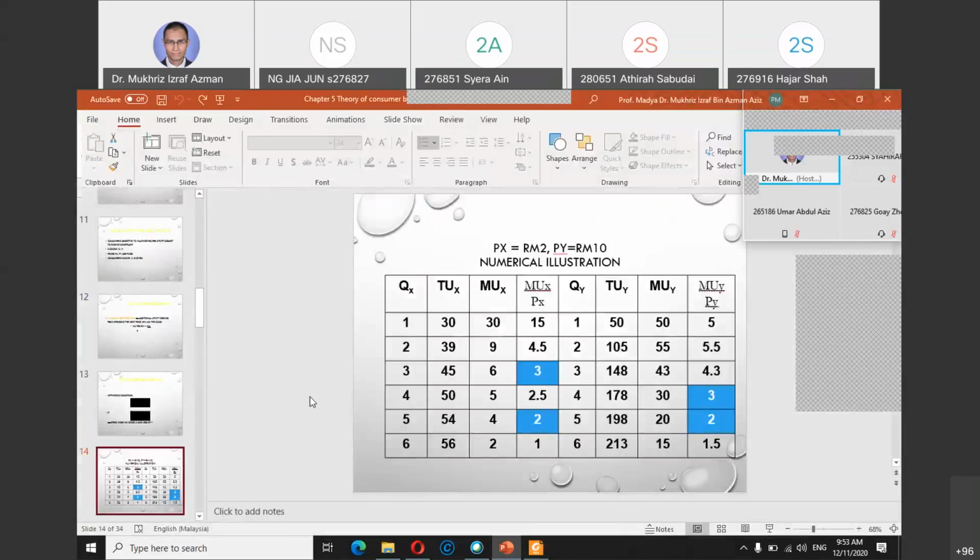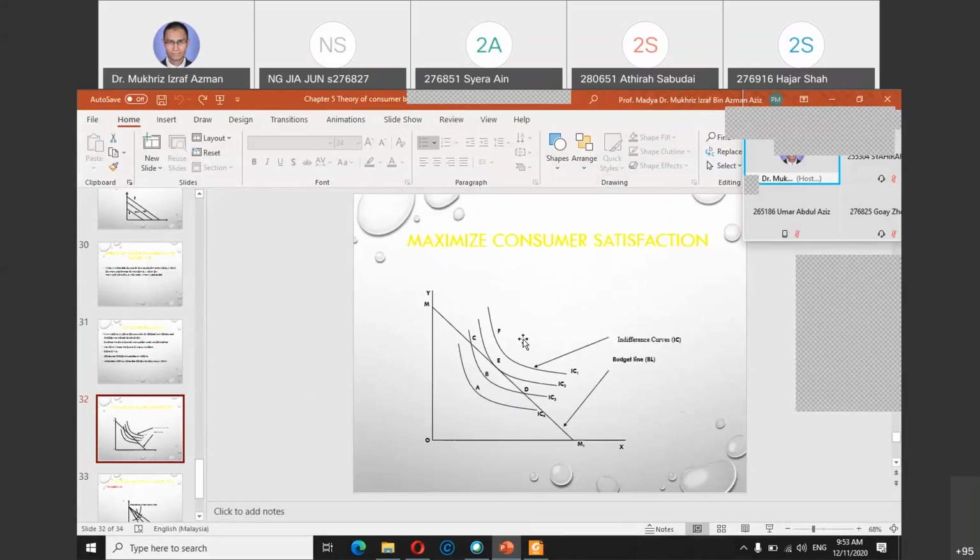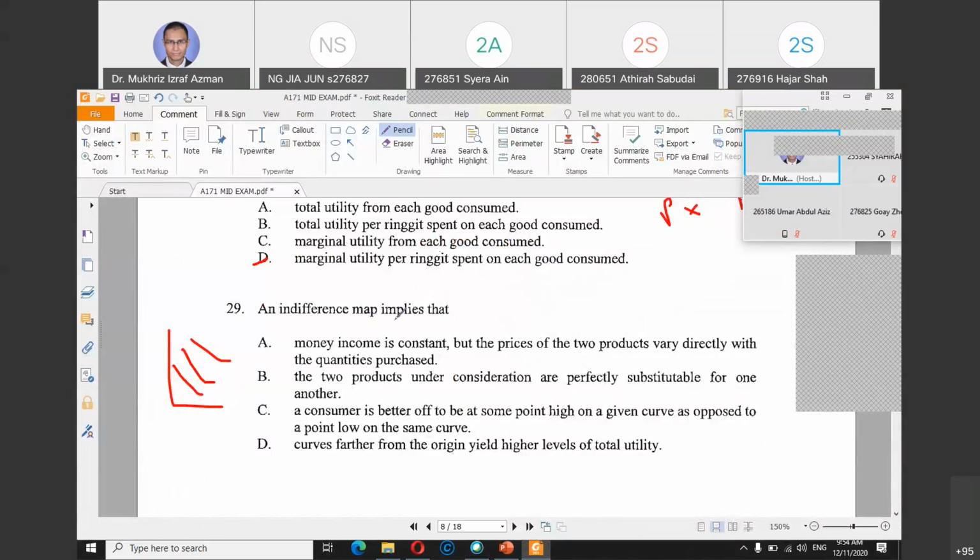If you look at the slide from just now, one graph is what we call an indifference curve. But when you have different indifference curves, 1, 2, 3, 4, the whole thing is what we call an indifference map. Map means you have multiple indifference curves, so you are looking at multiple indifference curves at the same time.